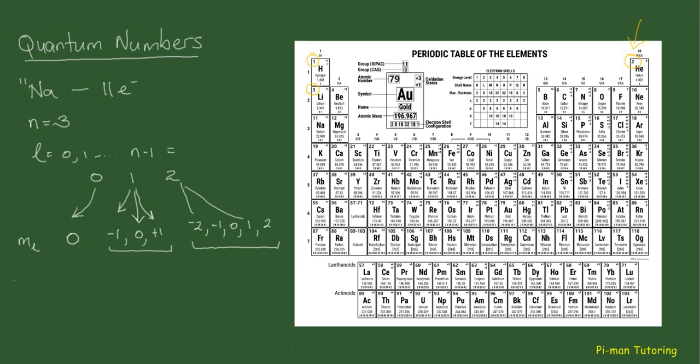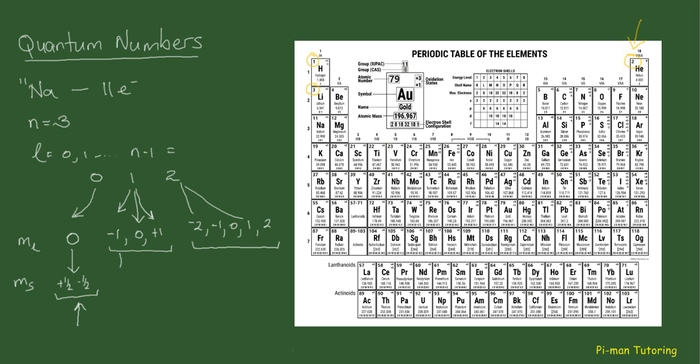And then finally we have the ms value that simply has a value of plus or minus 1/2. So in this orbital here we have one electron going up and one electron going down. That's the maximum occupancy of this particular orbital.